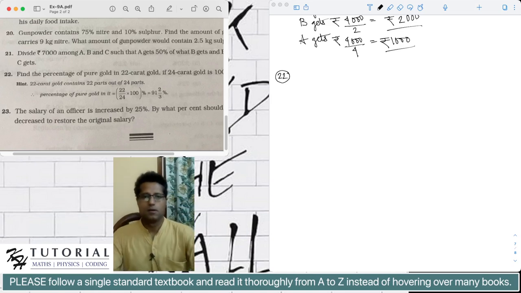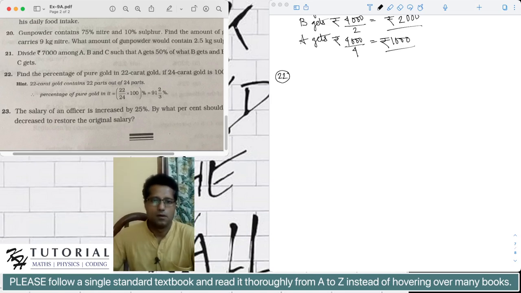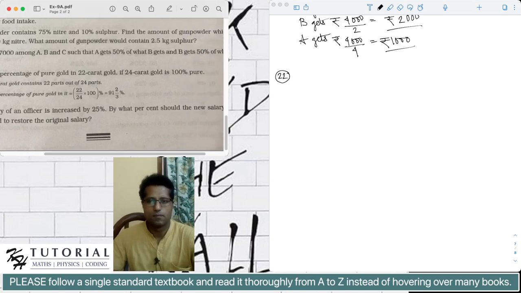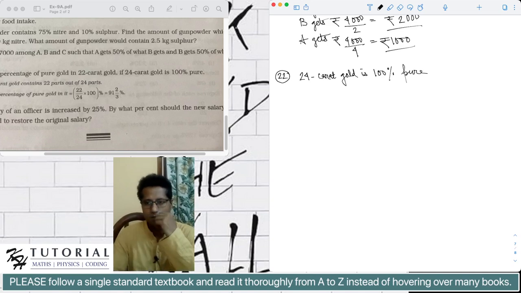If 24 karat gold is 100% pure, so it is saying that 24 karat gold is 100% pure. And we have to find the percentage of pure gold in 22 karat gold.